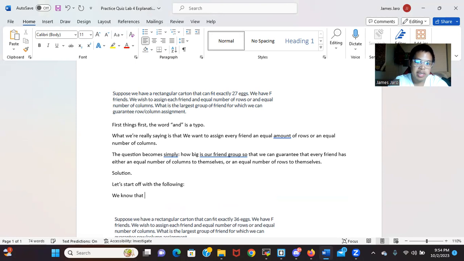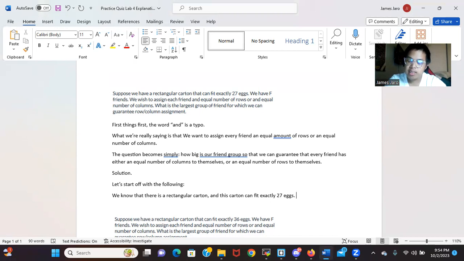We know that there is a rectangular carton, and this carton can fit exactly 27 eggs. Let's see what we can write with that. Geometrically speaking, this egg carton is in the shape of a rectangle, and it holds exactly 27 eggs.